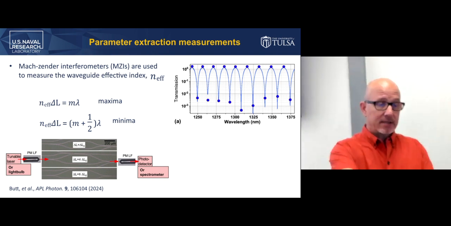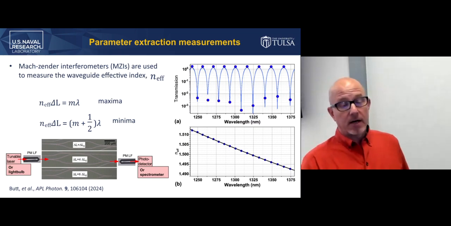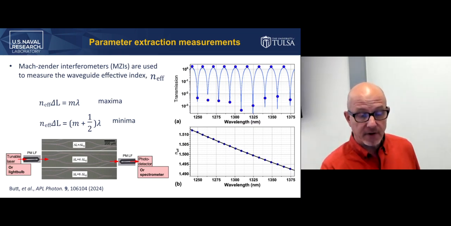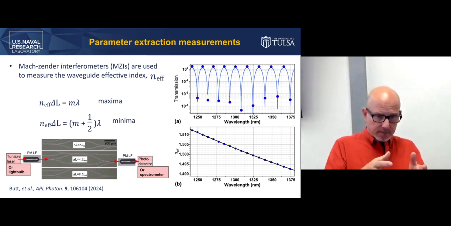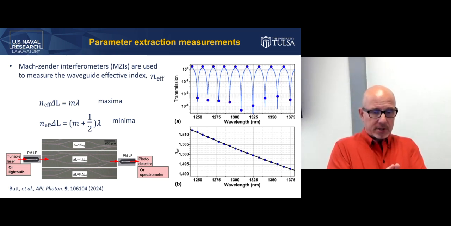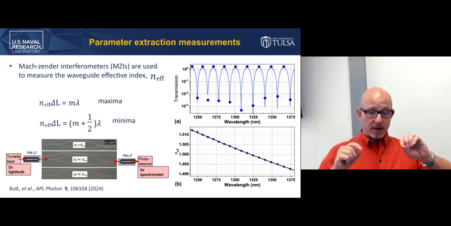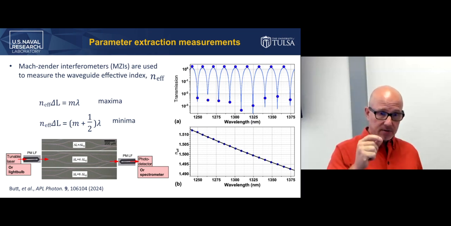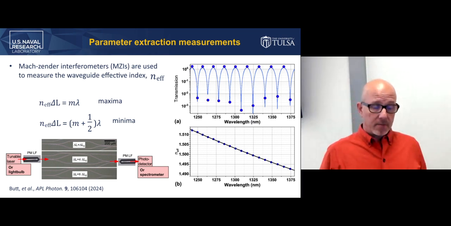Once you've identified your minima and maxima here, you can come up with an effective index using this formula, and then fit it to a line. The typical procedure is we then pick somewhere in the middle of the wavelength range where we can expect our best fit to the data, so we have the smallest uncertainty in our value. We pick 1300 in this particular case.